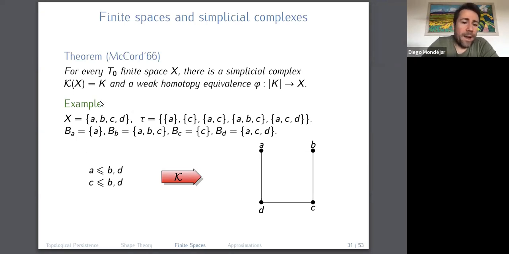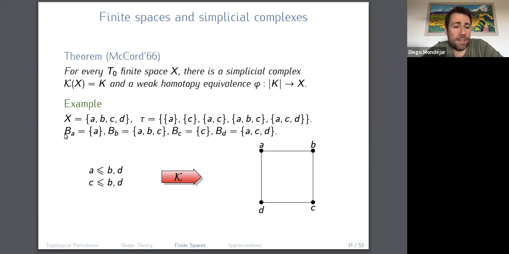So for every finite T0 space, we have a simplicial complex that is weakly homotopy equivalent to it. Here, for example, we have our space with 4 points, and we set a topology here, and I choose this topology because it is non-trivial: I get a space that has the same homotopy and homology groups as S1.